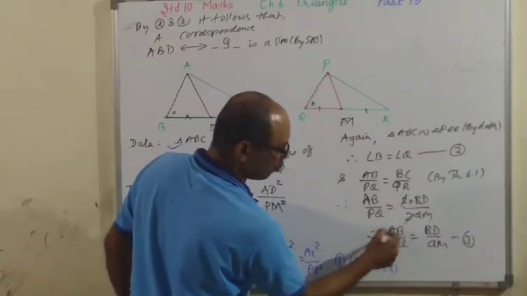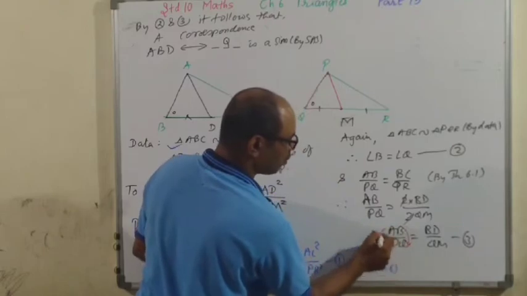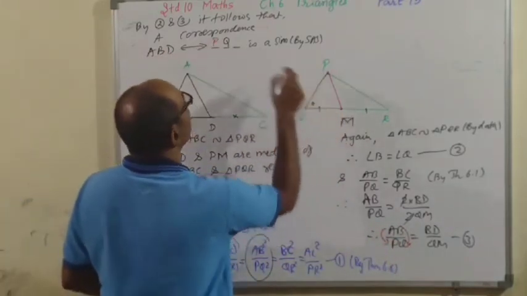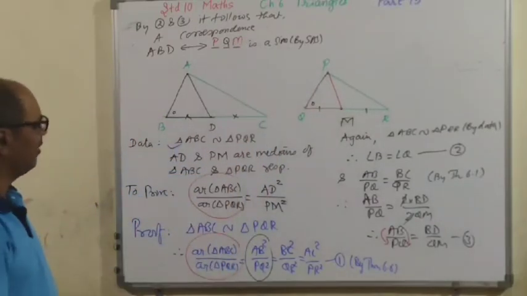B corresponds to Q पक्का. You know from here B corresponds to Q, so A corresponds to P. A P रहेगा, PQ और बच गया M. Correct? Finished. You got it.